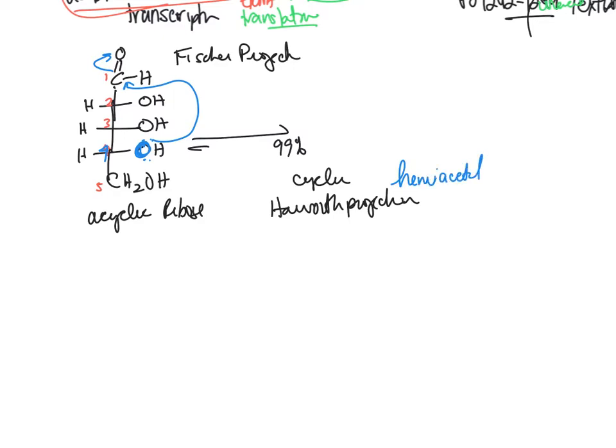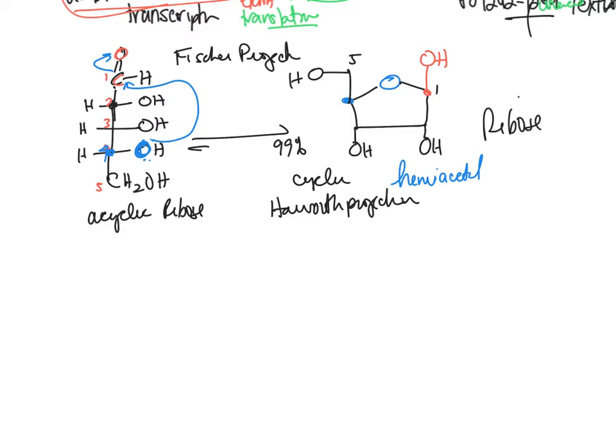So when you do that, the number 4 oxygen is here, and you've probably seen this structure before. Carbon number 1, this is 2, this is 3, this is 4, and then 5 is the CH2OH. And so this is a ribose sugar, and it's closed like that.